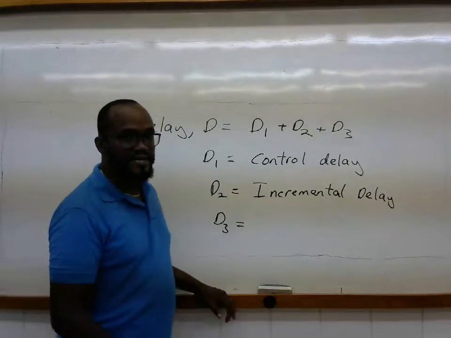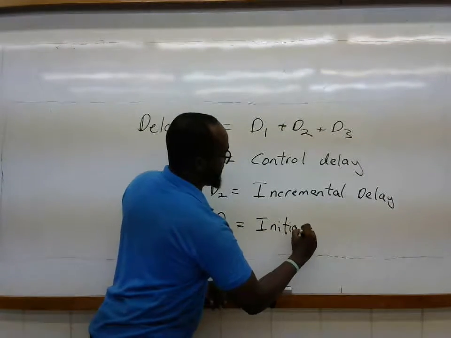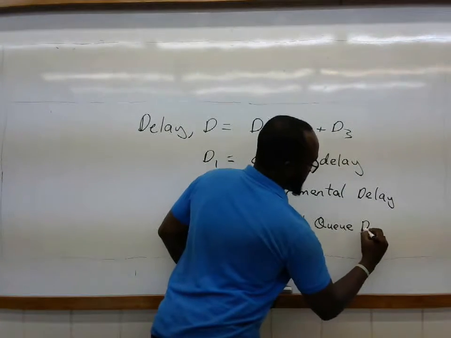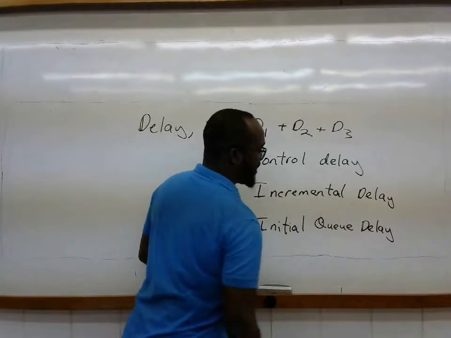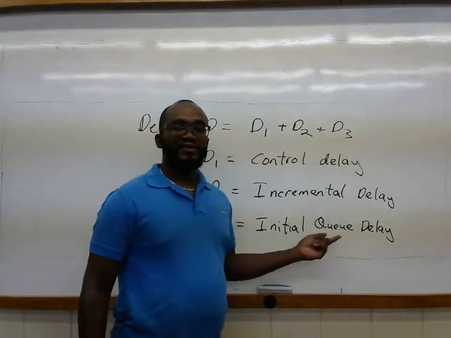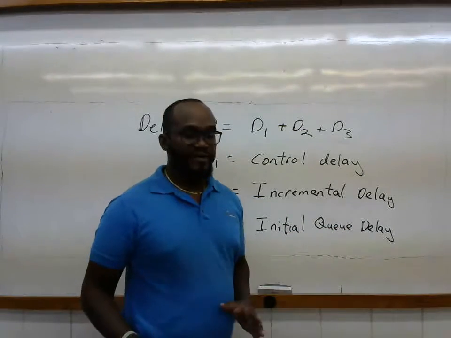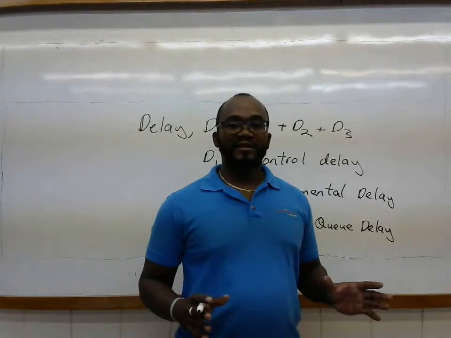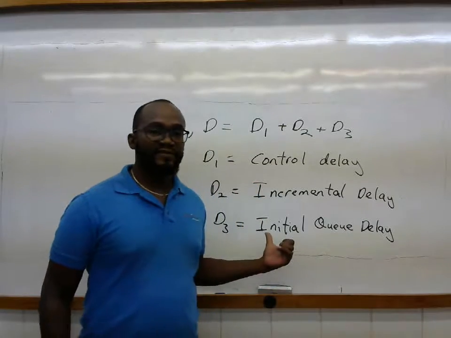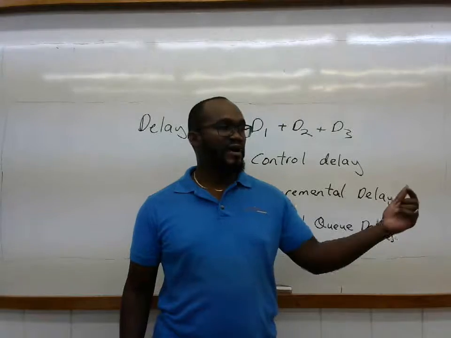D3 represents what we call the initial queue delay. The initial queue delay, as the term suggests, is delay associated with queue at the start of your traffic data collection. So for example, some of you, particularly those in the afternoon session, would have noticed at the commencement of the traffic survey at 3 p.m., there may have been a queue at one of the approaches.